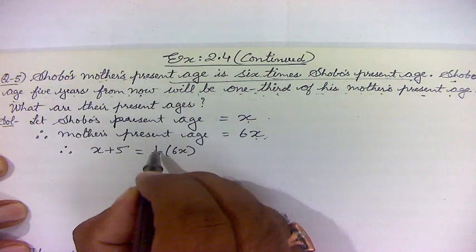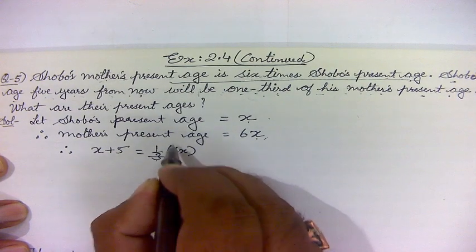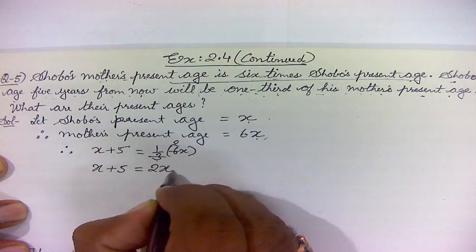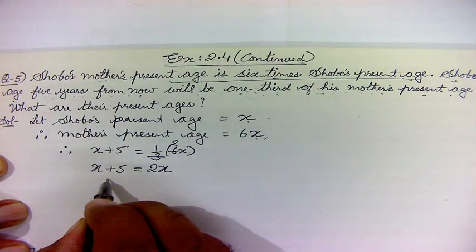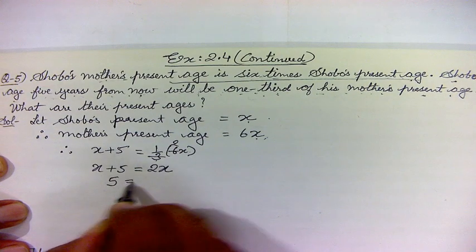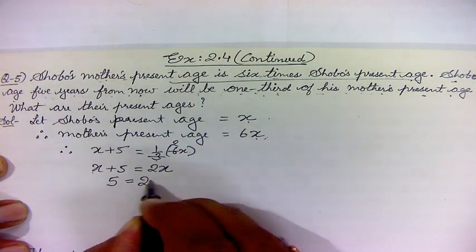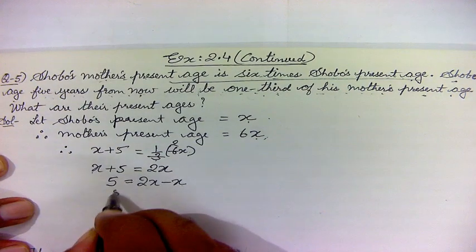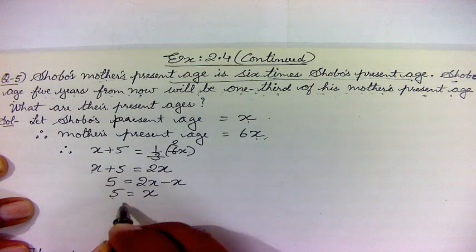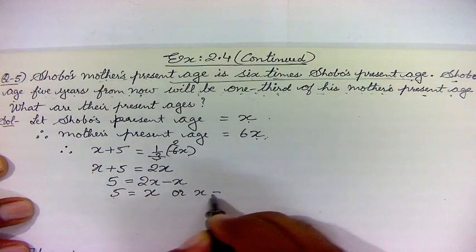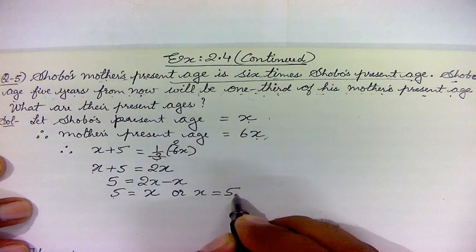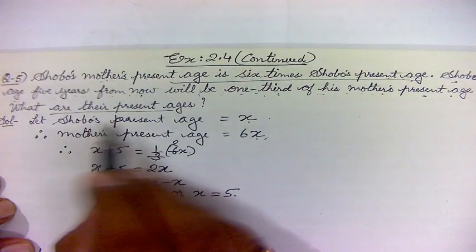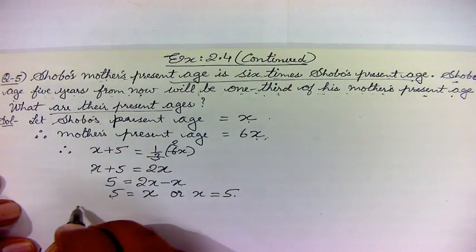Solve this. Now 1/3 of 6x means you will simplify it and you get x plus 5 equals 2x. So here let's keep 5 on this side only, and this x, let us transpose it to the other side. It will become 2x minus x. Now what is 2x minus x? It is x. So 5 equals x, or x equals 5. So if the value of x is 5, then what are their present ages, that means Shobo's present age and mother's present age?